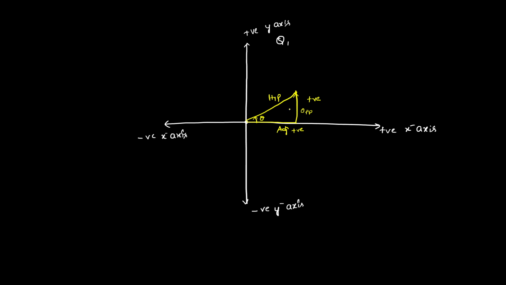When we are going vertically upwards, it is the positive y-axis direction, so this will also be positive. And when these two are positive, the hypotenuse will be positive, because the hypotenuse is nothing but the square root of adjacent square plus opposite square, so definitely it will be positive. So now if we consider sine theta, it is opposite by hypotenuse. We know that from SOHCAHTOA.